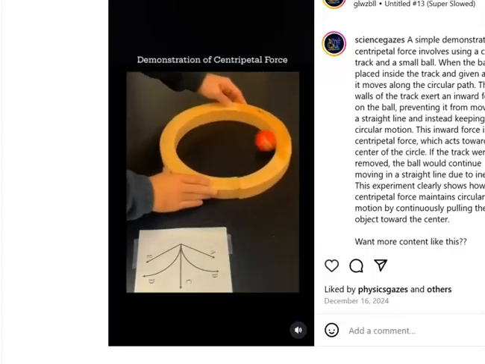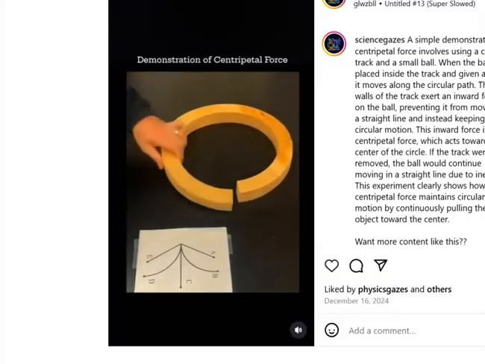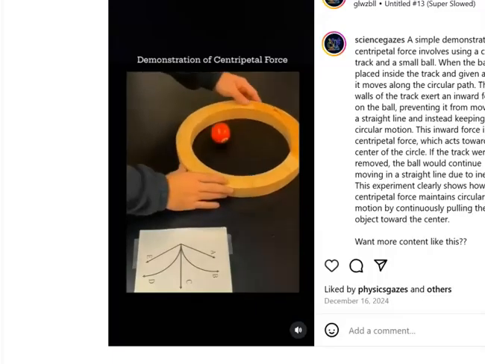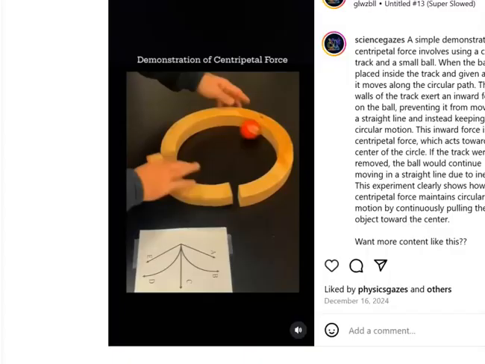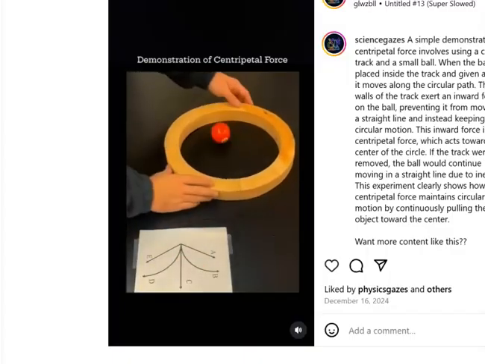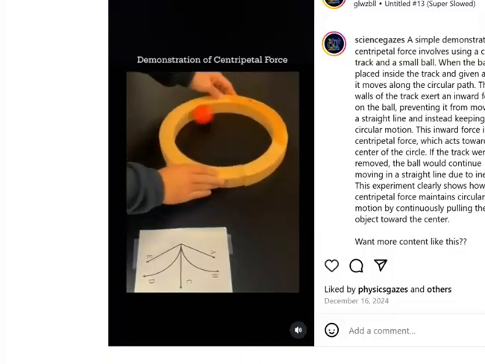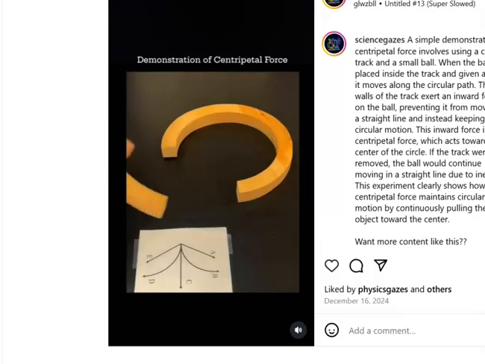The circle is creating a force that causes it to accelerate. It's not changing in speed, but because it's changing its direction, we say that it's accelerating. But when you take that force that's being applied by the circle away, you can see it goes off in a tangential sort of direction.